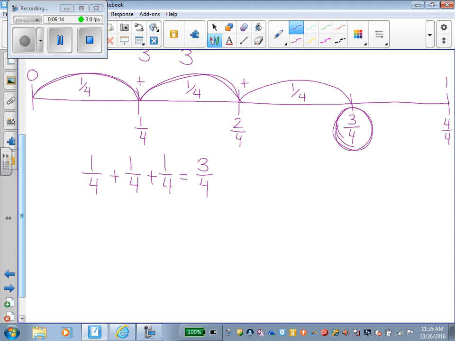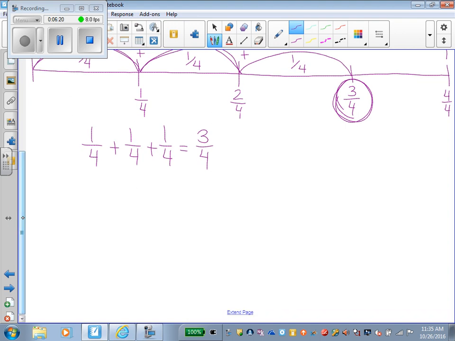Are y'all ready to increase in difficulty? Yes, ma'am. All right, we're going to draw another number line. Again, your endpoints, 0 and 1. And this time you're going to divide it into eighths.